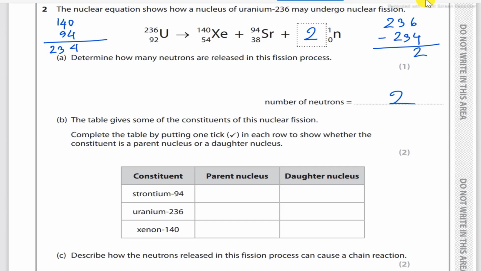The table gives some of the constituents of nuclear fission. Complete the table by putting one tick in each row to show whether the constituent is a parent nucleus or a daughter nucleus. So strontium is a daughter nucleus, uranium is a parent nucleus, and xenon is a daughter nucleus.